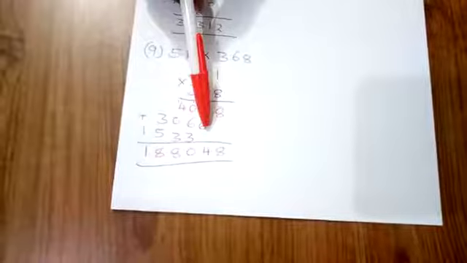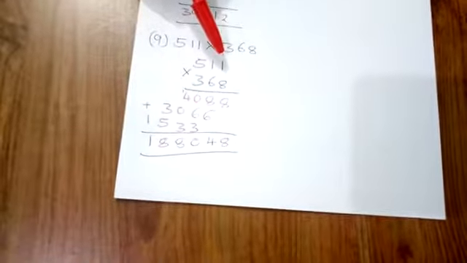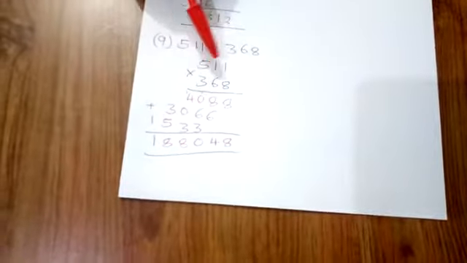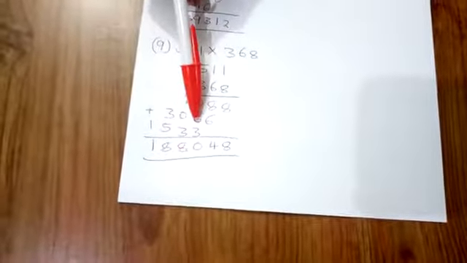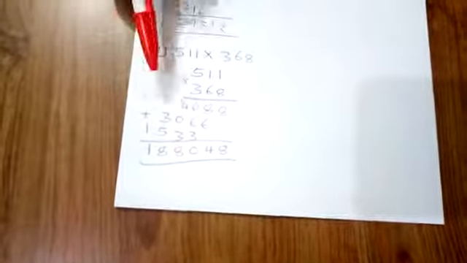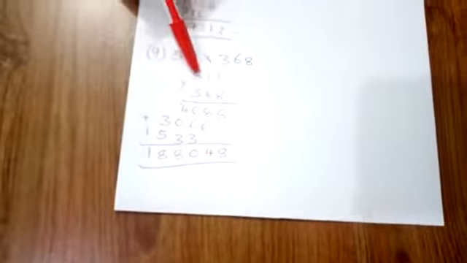Group 3 multiplication is 5 times 8, which is 40. We move to step number 2. First group multiplication is 1 times 6, which is 6. Group 2 multiplication 1 times 6, which is 6. Group 3 multiplication is 5 times 6, which is 30.